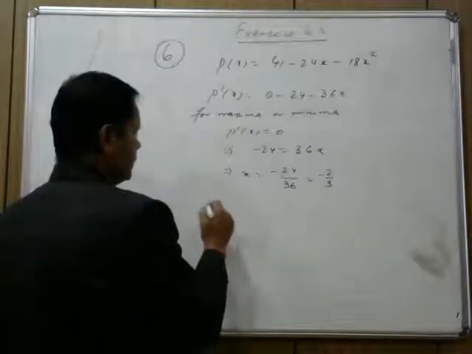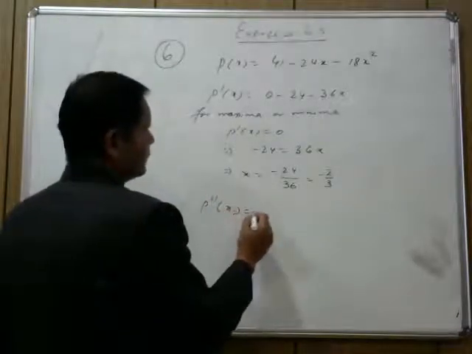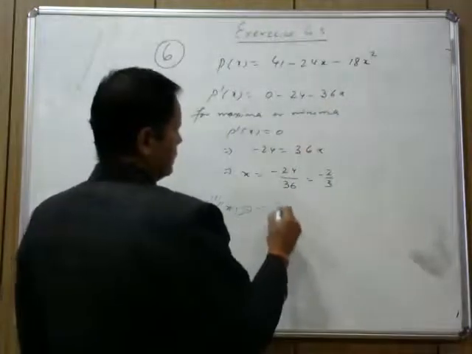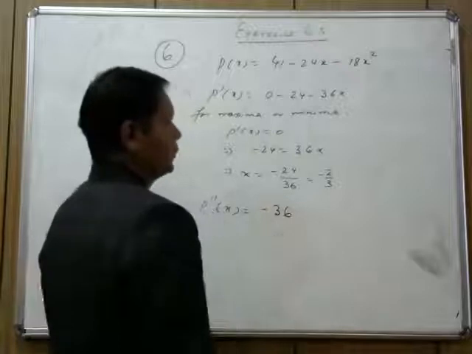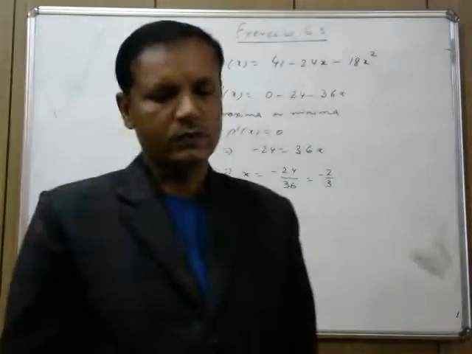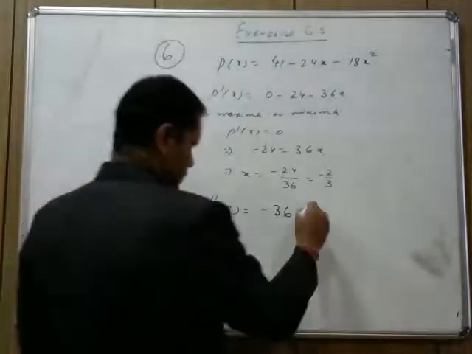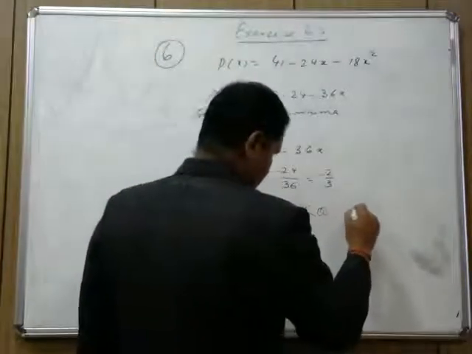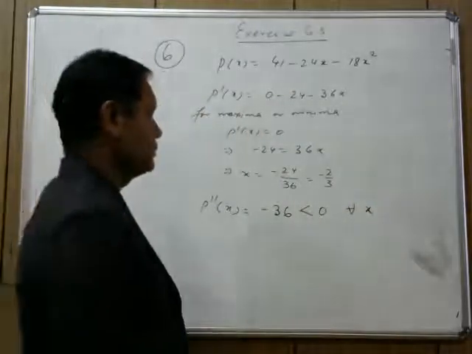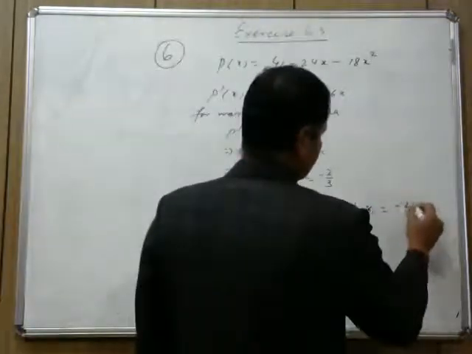Now p double dash of x will be simply minus 36. So p double dash is minus 36, which is already negative. That means it is less than 0 for every value of x, and that means for x is equal to minus 2 by 3 also.